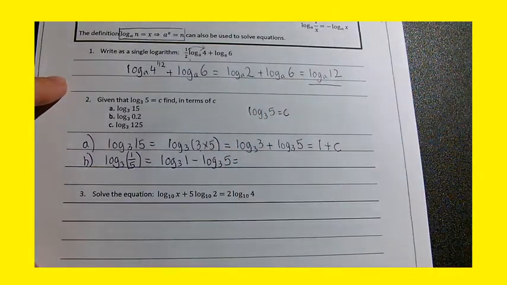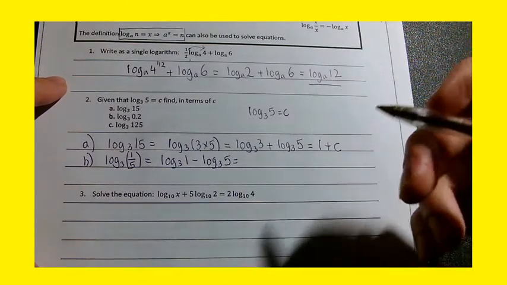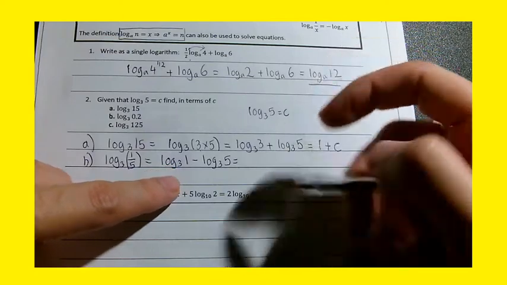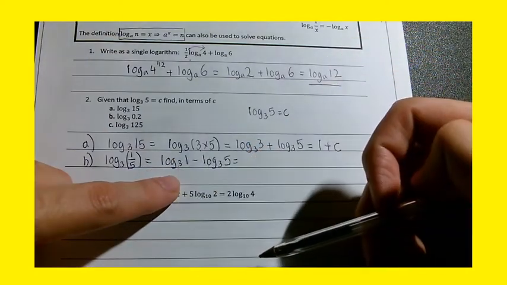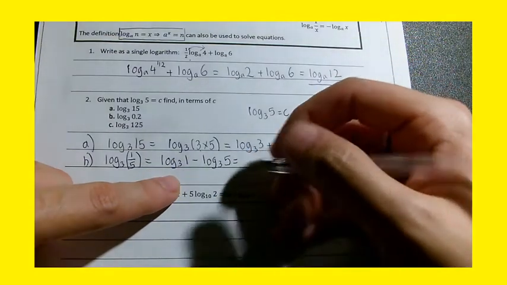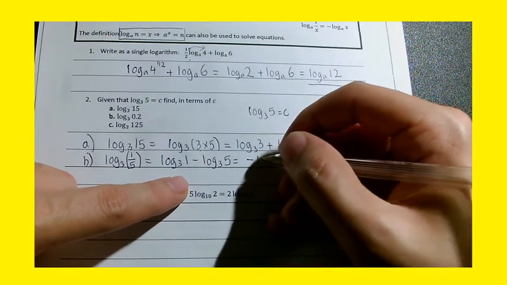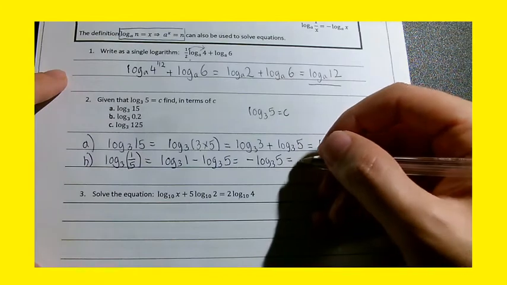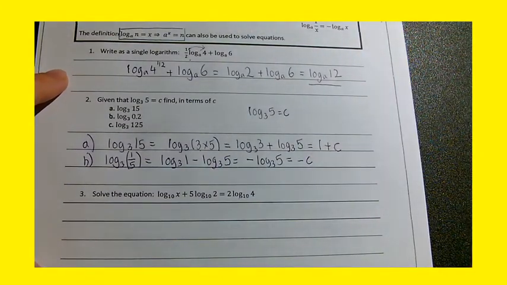They're equivalent values, okay? I'm just using division law. Now again, if you look at the useful hints at the top, log base 3, 1, that value is just 0. So you're left with log base 3, 5 with a minus in the front, and that's going to be minus c.